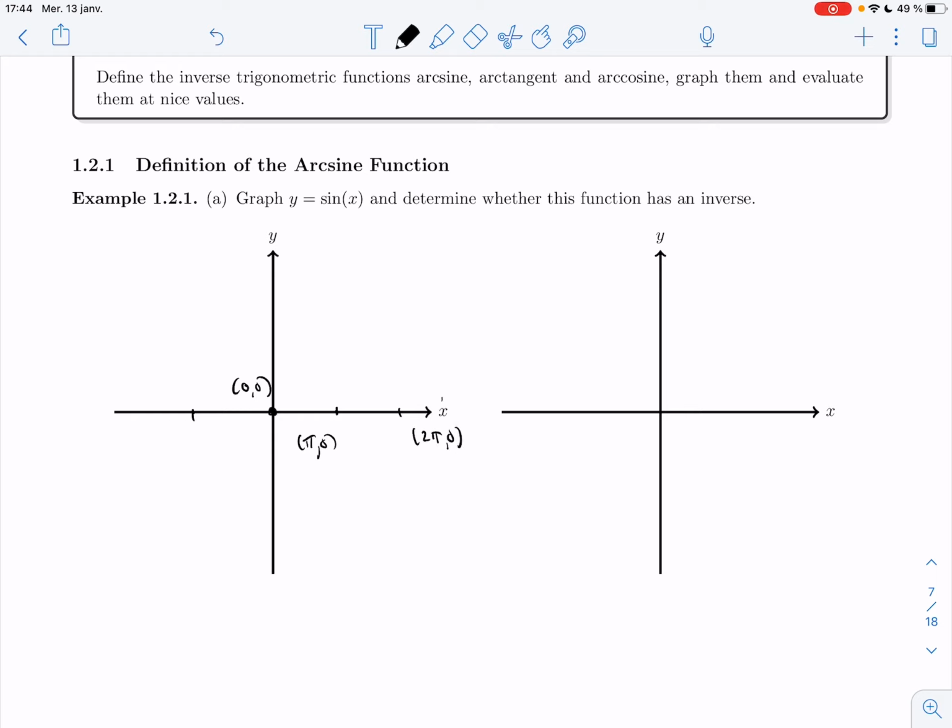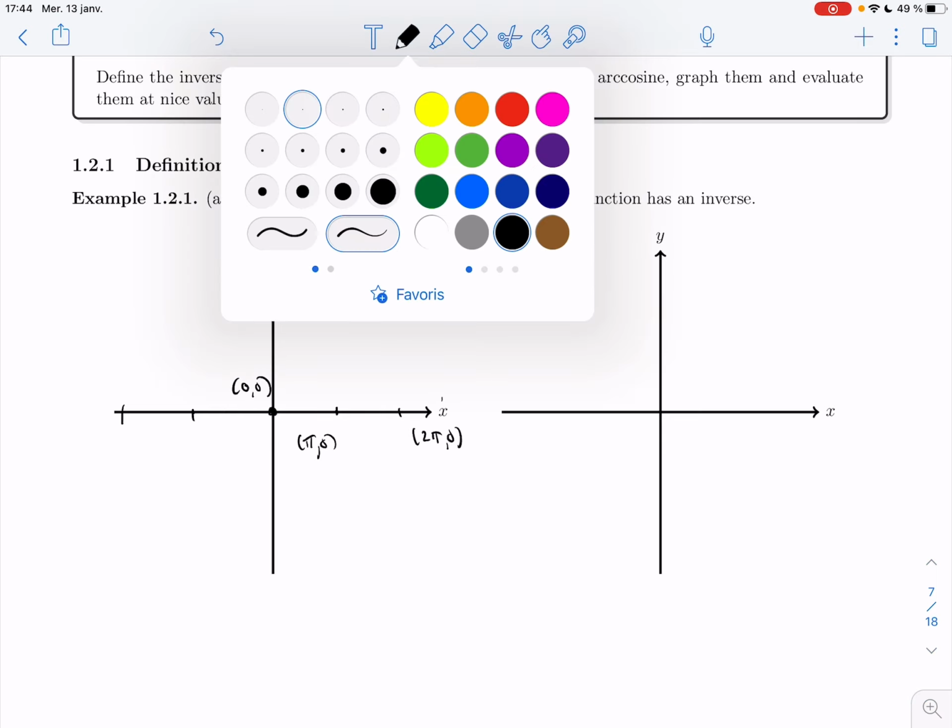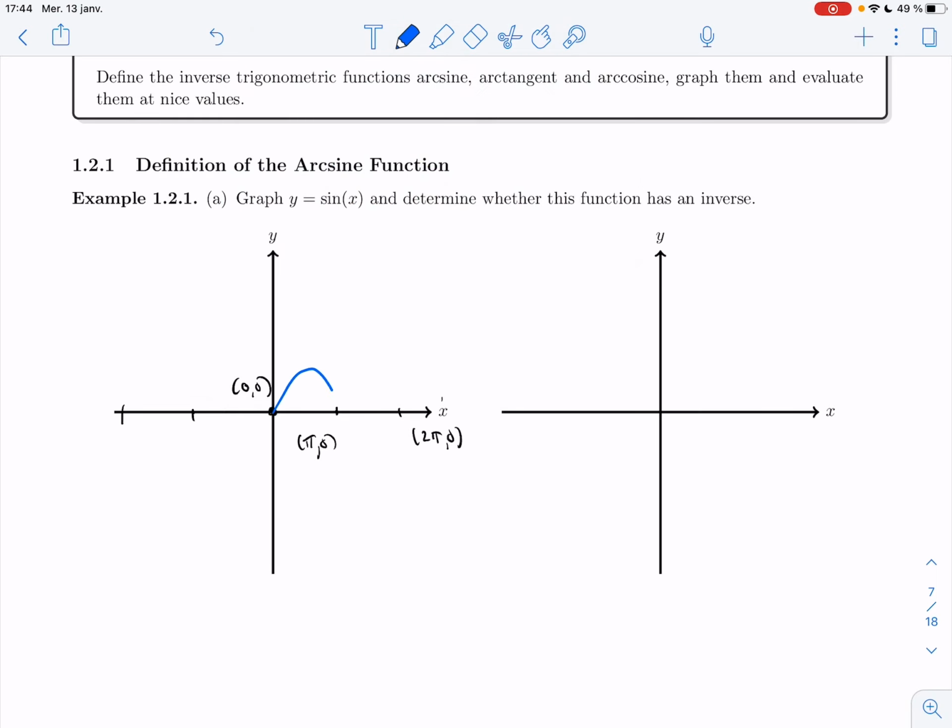And then same thing on the other side. It is positive at first, then negative, then positive. The max value is at 1, min value at -1. And keep going like this and like this.